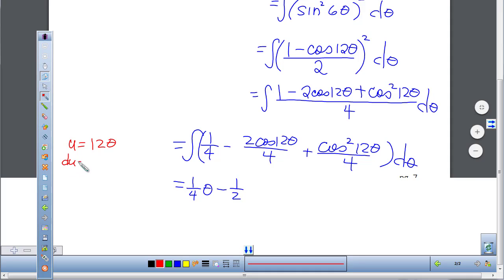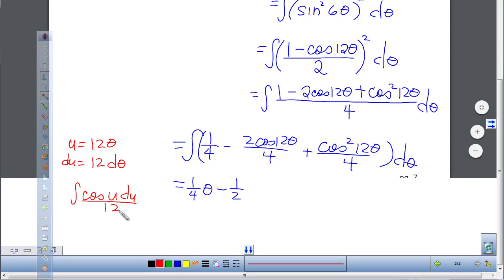So du is going to be 12 d theta. So we're looking at the integral of cosine u, and then we need to do du over 12. Okay, how do we integrate that?